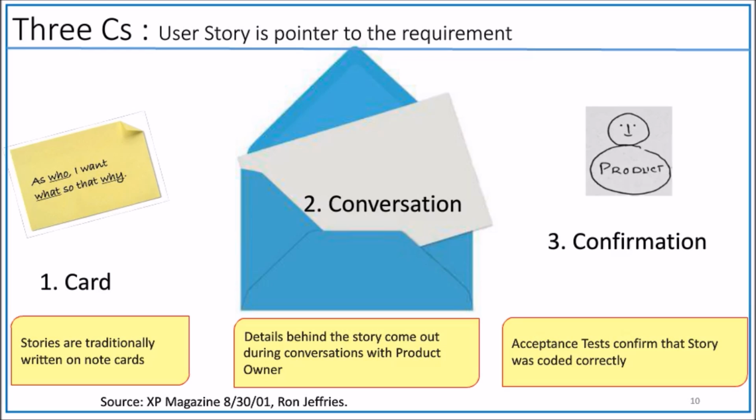And then there is acceptance criteria, written saying: I, as a product owner, accept this story provided the feature shows these kinds of capabilities. This is called conditions of satisfaction, or acceptance criteria.